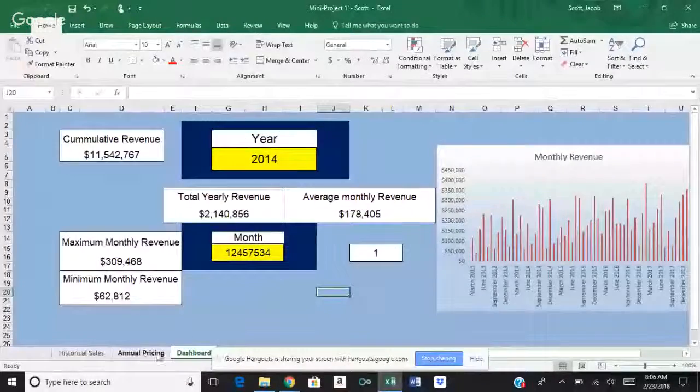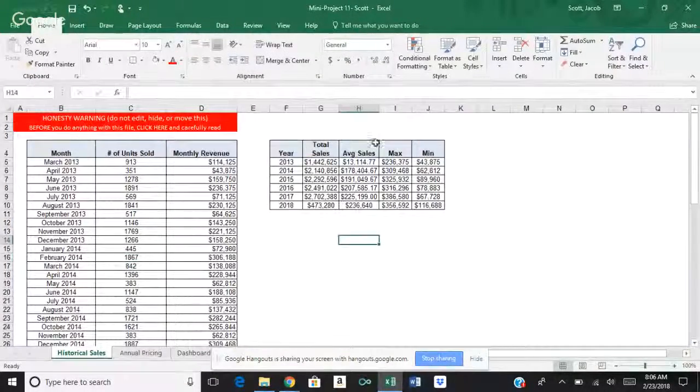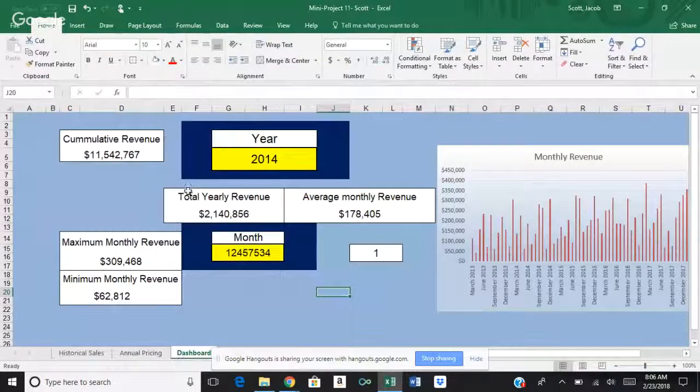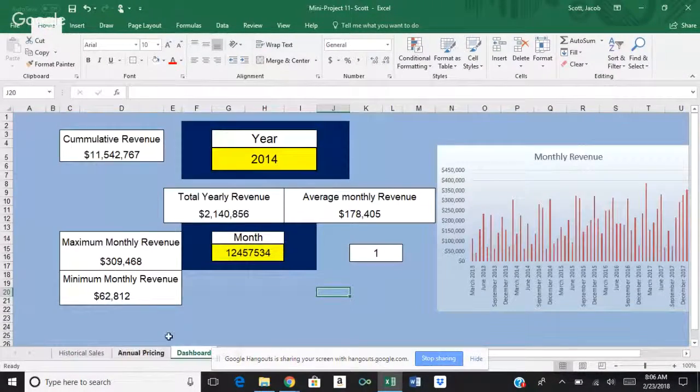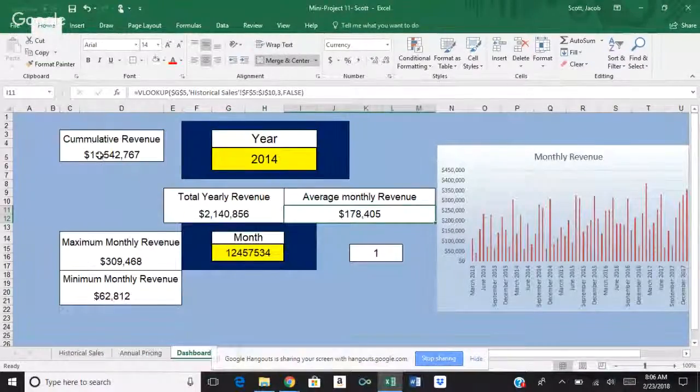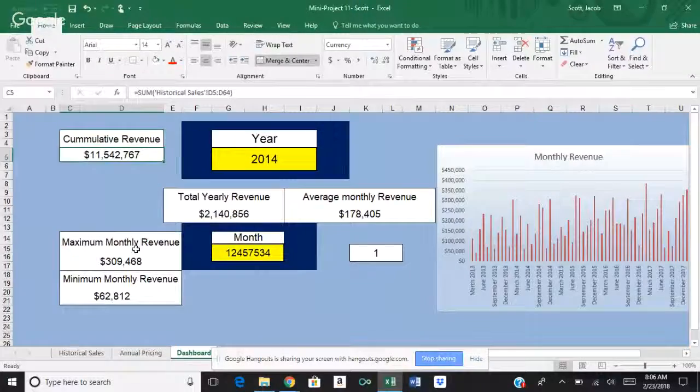I just made a separate table here completely, and then I referenced all these straight to that table. And I did IF functions still. For your table, or I mean VLOOKUPs is what I did for those.